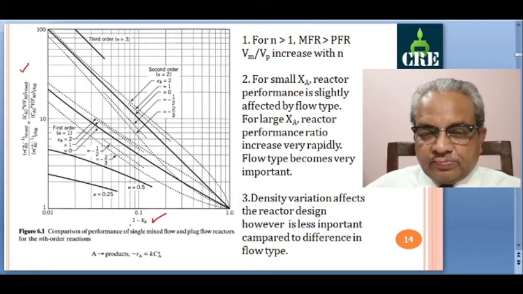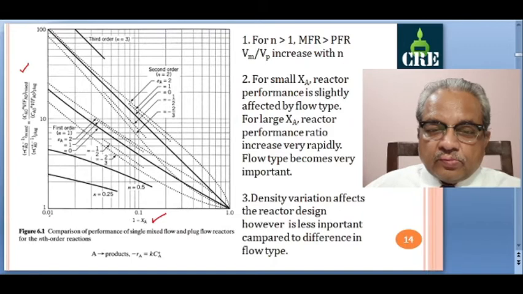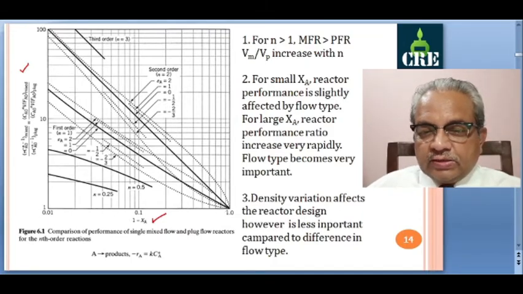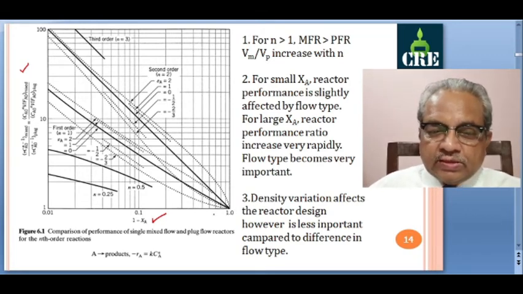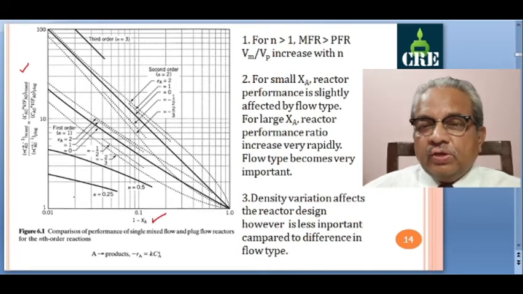Xa is the conversion, and 1 minus Xa is the unconverted fraction. So when 1 minus Xa has a higher value, Xa has a lower value. 1 minus Xa is increasing in this direction, and Xa will be in this direction.